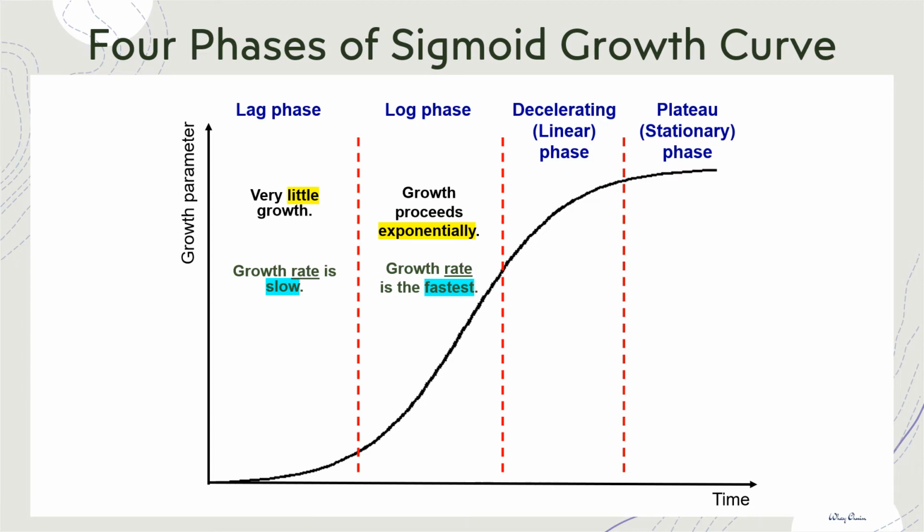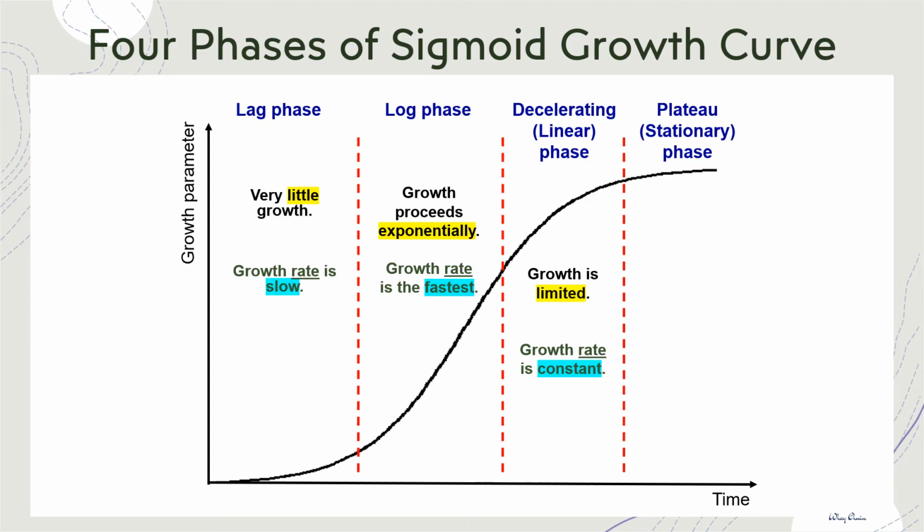Decelerating atau maksudnya perlahan atau menurun. Atau kita kata dia hampir mencapai linear. Disebabkan di sini growth telah dihad dan growth rate itu menunjukkan constant. Fasa terakhir, plateau.